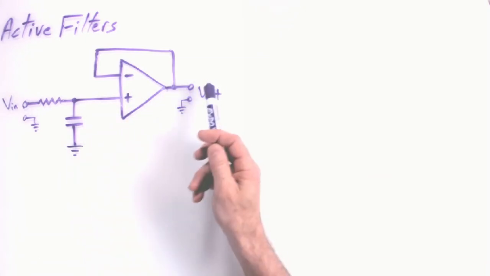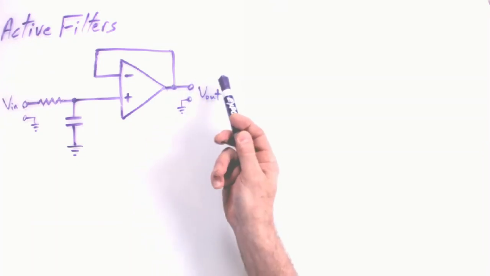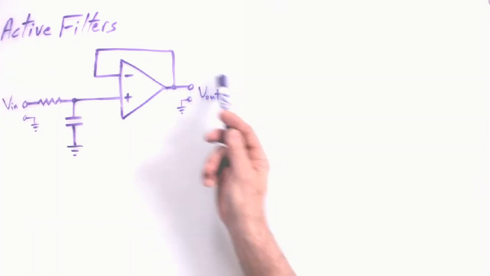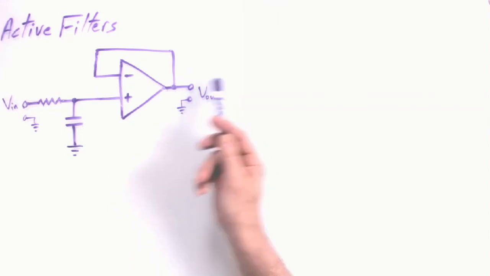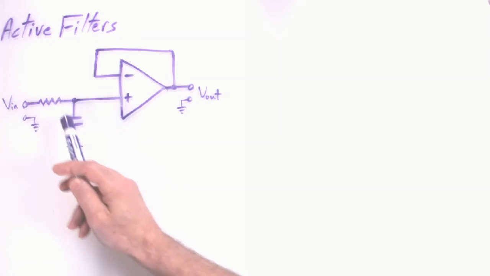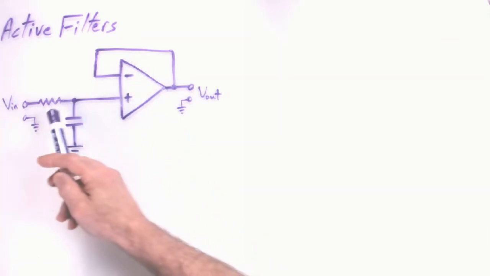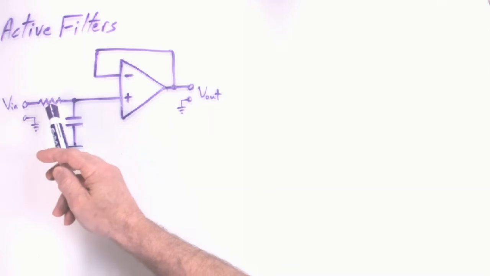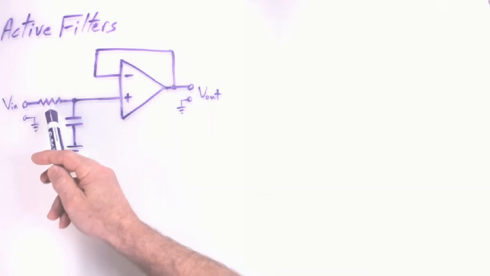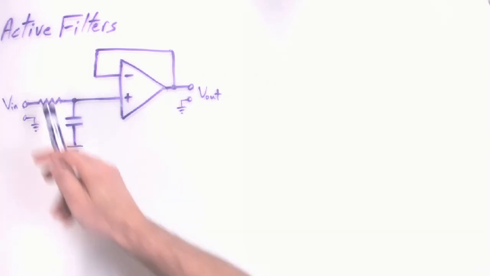In other words, you can now present a load here that maybe does pull current or does present a significant load here, but the filter here will not be subjected to that. It will not see that because the buffer sits between them. And the filter is better left alone, not to have to provide any kind of a load current, which would interfere with its voltage division.